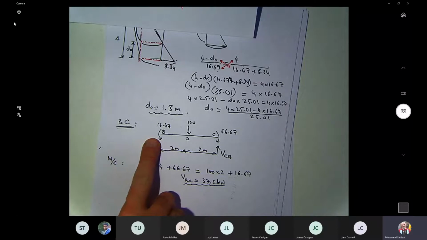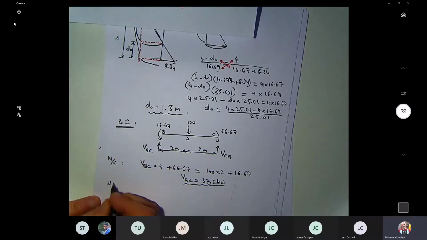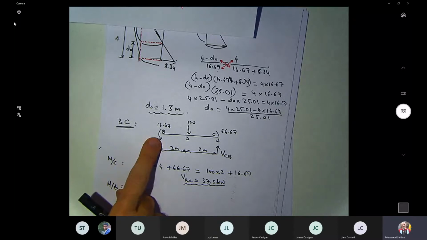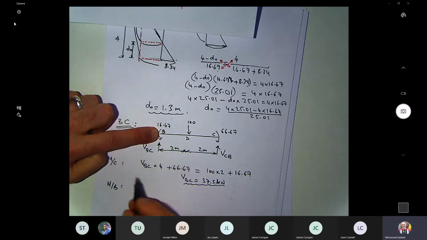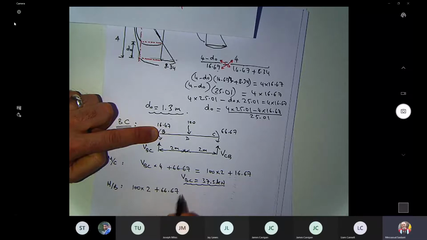We take moments about B. Again, clockwise moments equal anti-clockwise moments. So anything clockwise about B equals anything anti-clockwise. Clockwise, I have 100 times 2, and clockwise, 66.7.